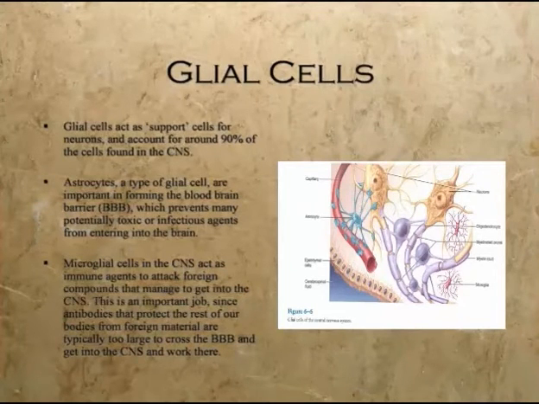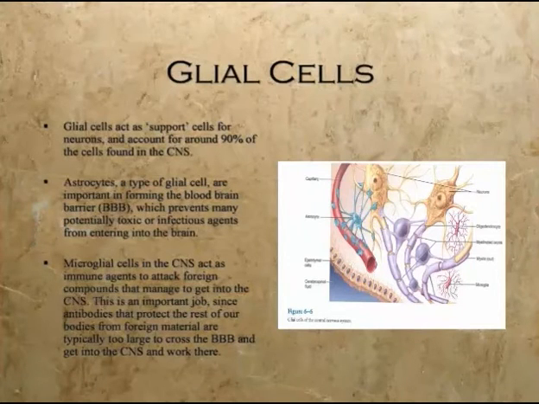These microglial cells are much smaller than the other glial cells, and many of the microglia that are seen in the brain are resident microglia that migrated into the central nervous system during embryological development. Other microglial cells are derived from circulating blood monocytes, which migrated into the central nervous system a little bit later in life.